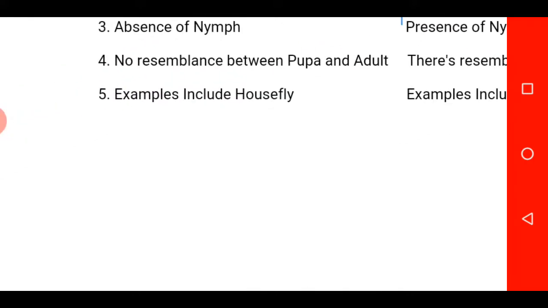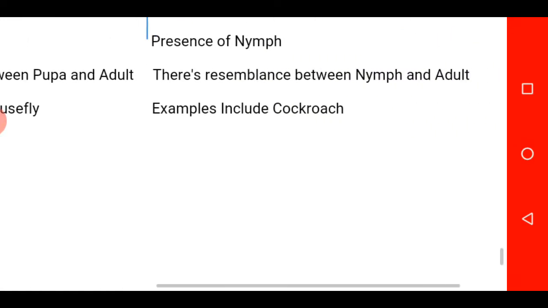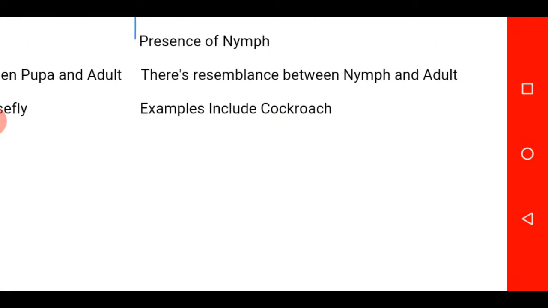There's no resemblance between the pupa and adult stage in complete metamorphosis. The pupa stage does not resemble the adult at all. But in incomplete metamorphosis, the nymph resembles the adult stage.